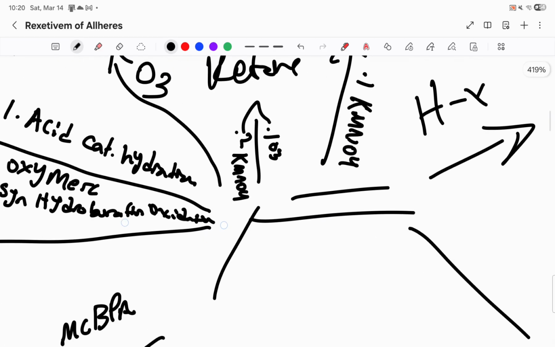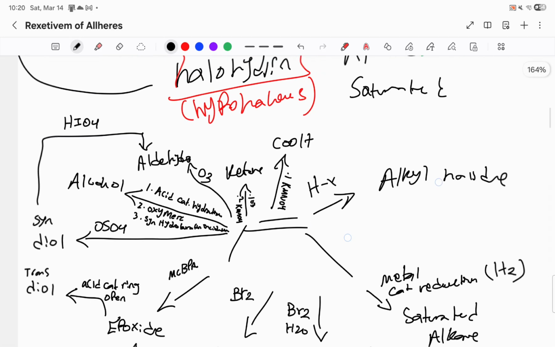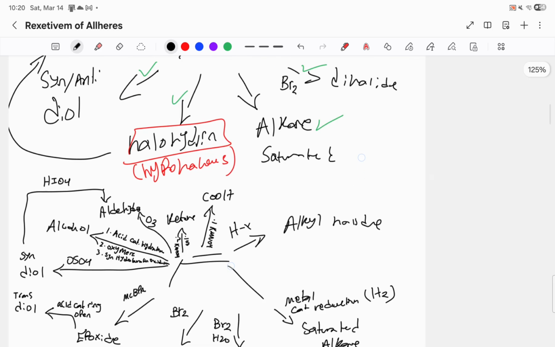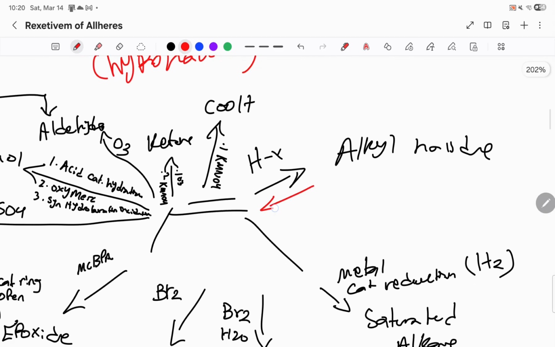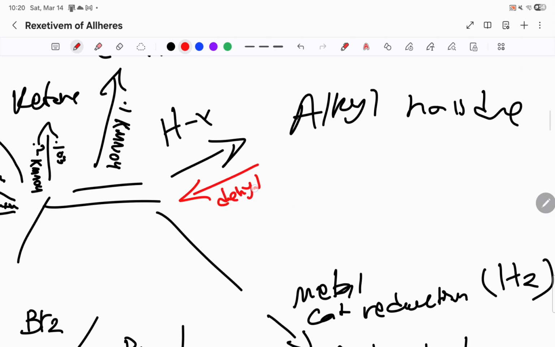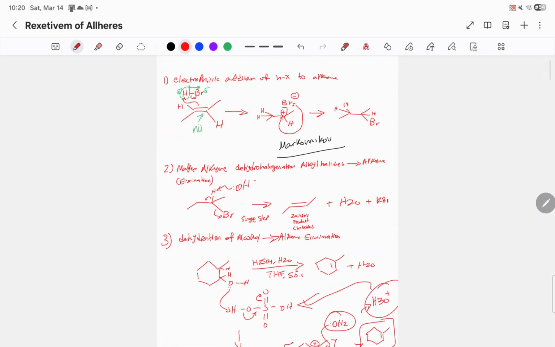Man, what else? That's pretty much it, to be honest. So again, we covered a lot of reactions. We also covered some reverse reactions as well. If you remember, we said that we can turn an alkyl halide back into an alkene by dehydrohalogenation. And we took a look at the mechanism for that, right?